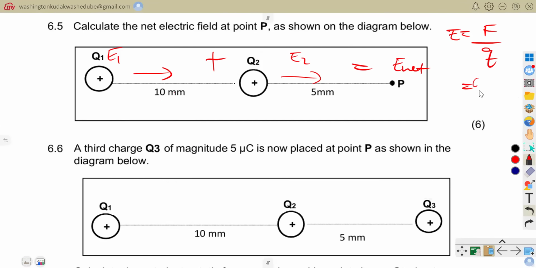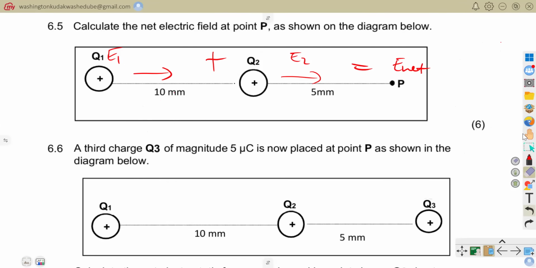So this force is given by K Q1 QP all over R squared, all over QP. That is the charge at what? At point P. So these ones will cancel out, and then I will be left with what? K Q1 over R squared. That is E1. E2, I would also have the same, but now here I would be having Q2. So, without wasting time, let's actually get to calculate that.